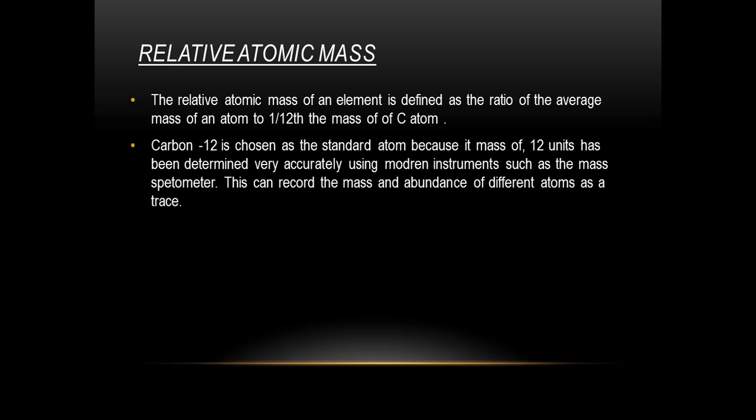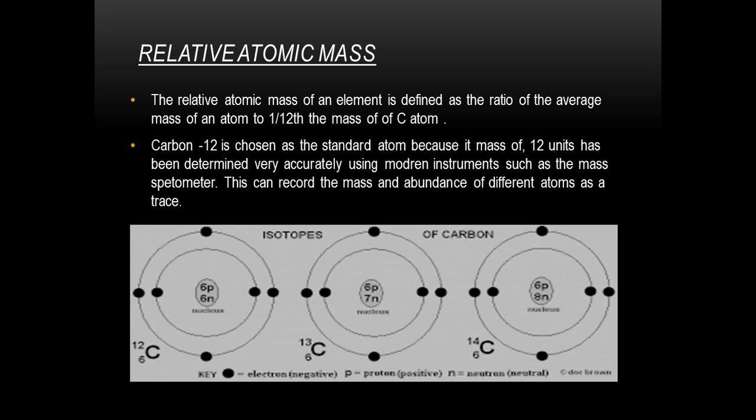A mass spectrometer is an instrument by which we can find the masses of the elements. It can record the mass and abundance of the different atoms as a trace.